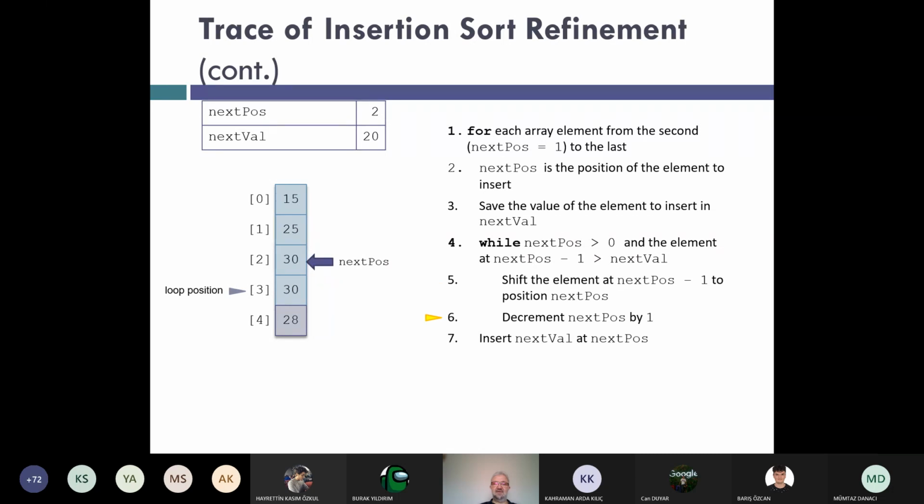And 25 is larger, so it should be shifted. But 15 is smaller than 20. So we get out of this loop because of this condition. And after we get out of the loop, we copy this 20 in its position. Now all these values are sorted.